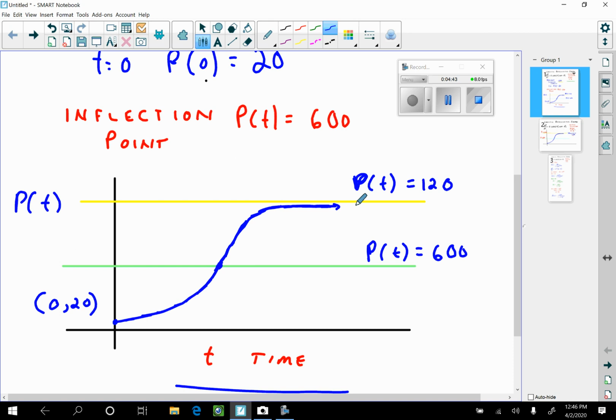All there is to graphing this model, and I might be able to do a better sketch of it, because it is going to increase pretty quick as it goes. There you go. That's a better graph. And keep in mind, this is the graph of the population as a function of time.